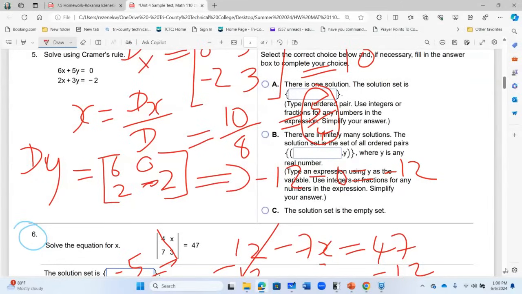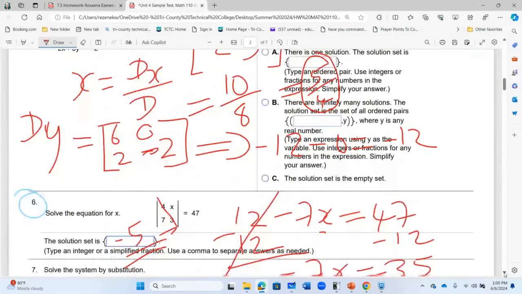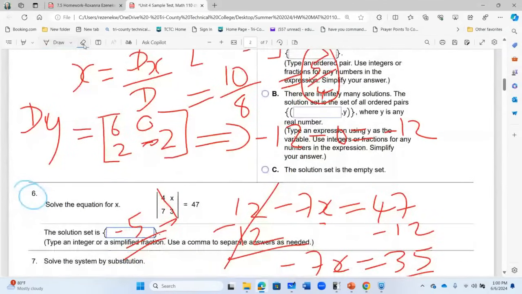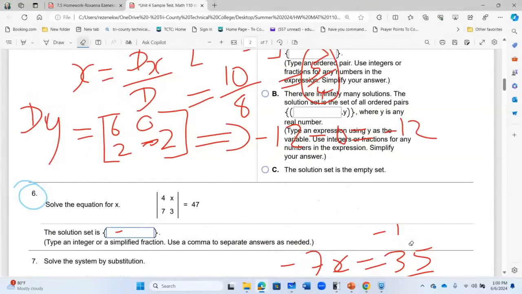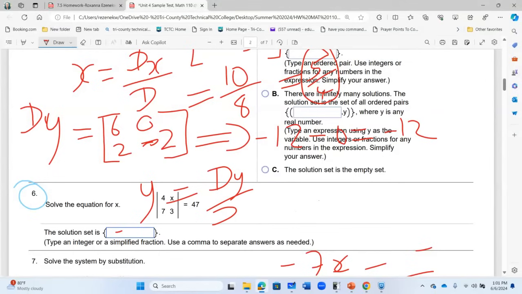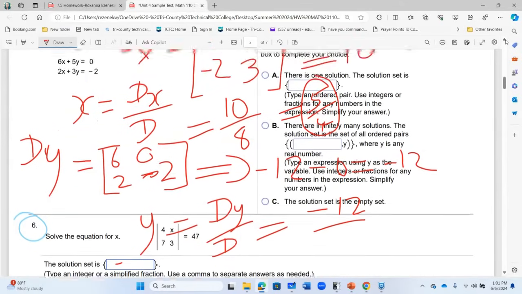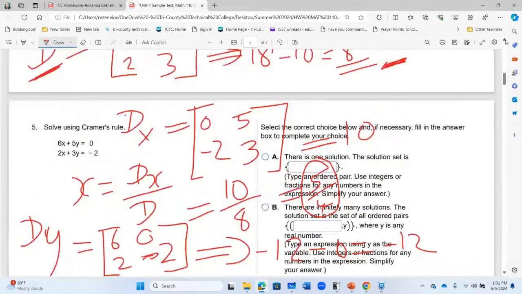All right, so now I'm ready to find the value of y. So the value of y using Cramer's rule is y equal to Dy over D. Dy is negative 12, over D. Let's go back and see our D. So the value of D is 8.